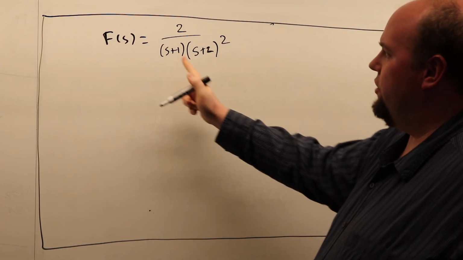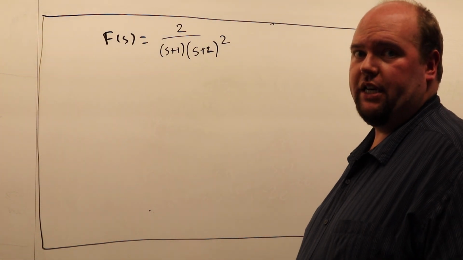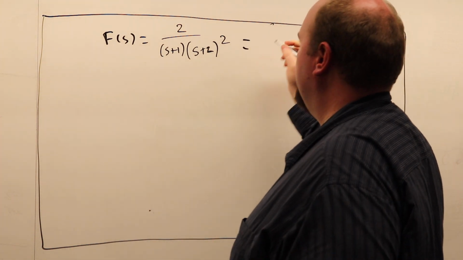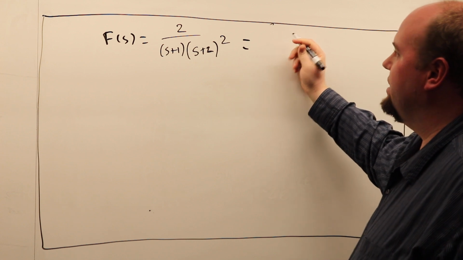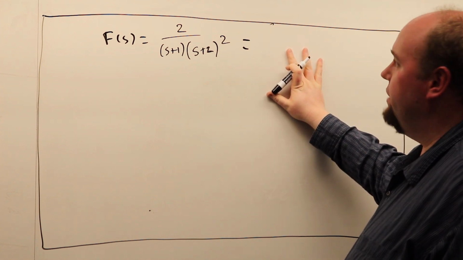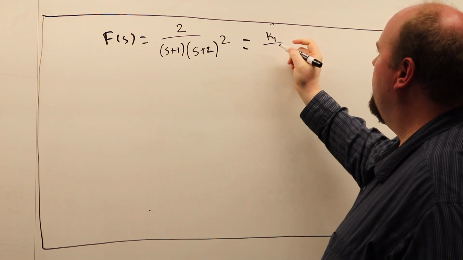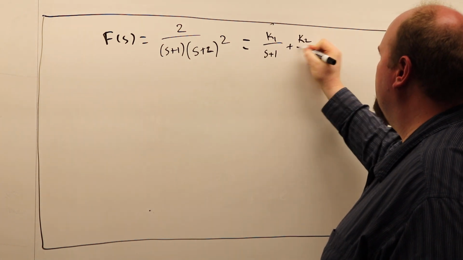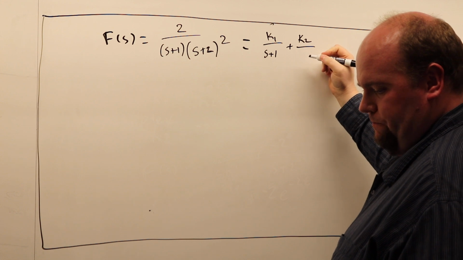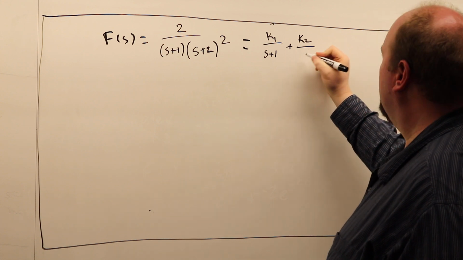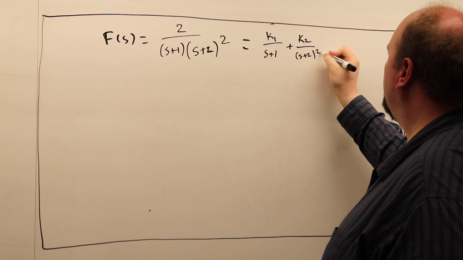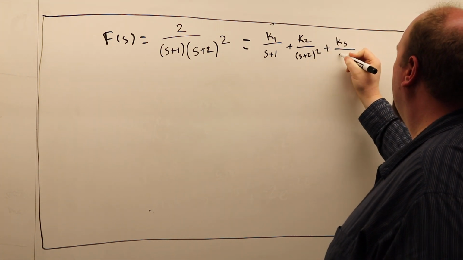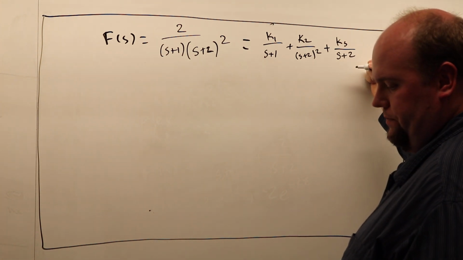Well, for the non-repeated root, we can solve it pretty much the same way we did in the case of real and distinct roots. So first thing, we're going to assume the form for repeated roots of k1 over s plus 1, plus k2 over (s plus 2) squared, plus k3 over s plus 2.